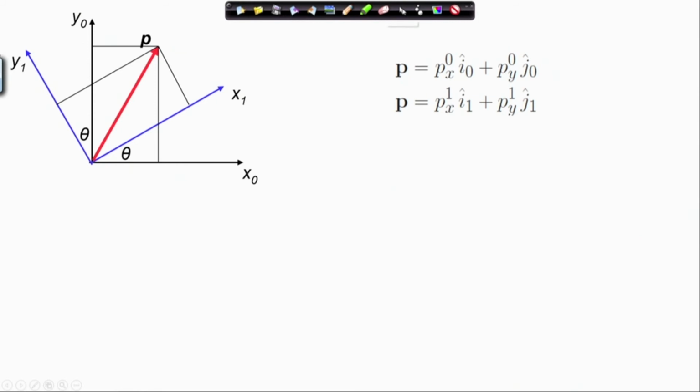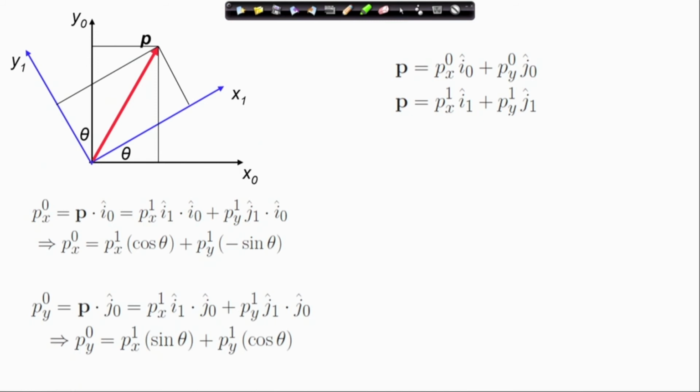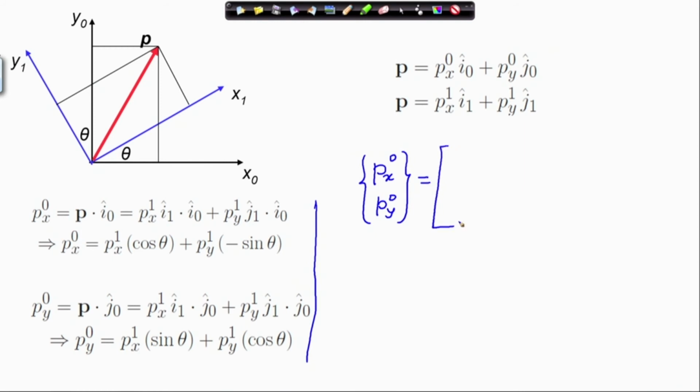So, let me show these things formally. I have shown you how to obtain these relations. Now, I will assemble them. Px0, Py0, written as a column vector, is equal to some matrix times Px1, Py1.